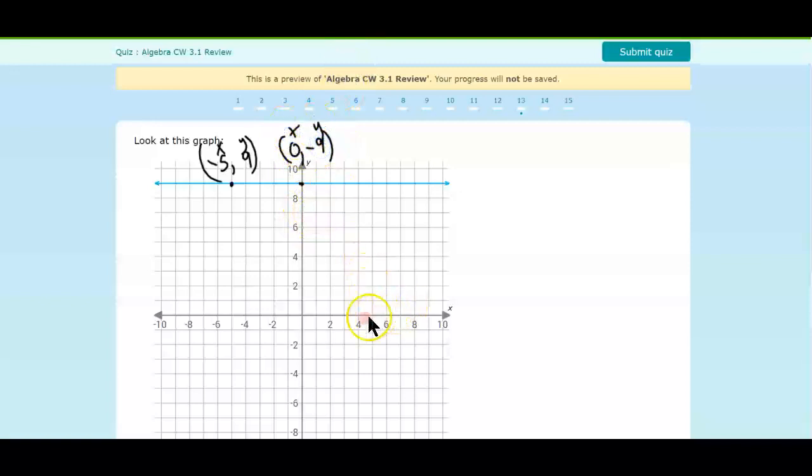And here is an x value of 4 and a y value of 9. So I see that what all of the points on this line have in common are y values.